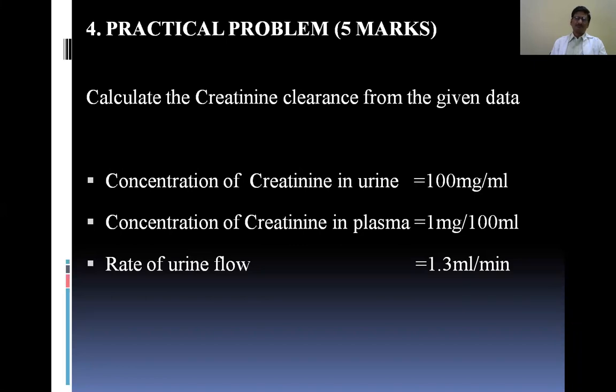Number one. Number two, we use methods to measure the creatinine content in the urine or plasma, and those methods have certain inherent errors. They tend to overestimate by another 10% or so.